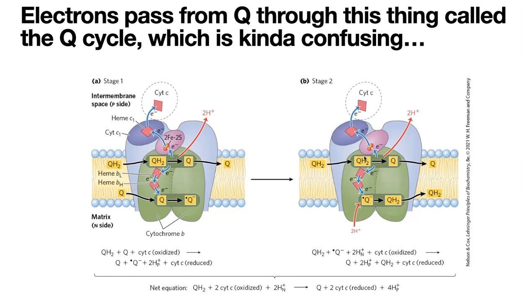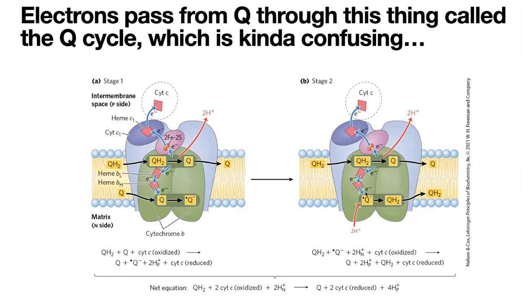The second QH2 is now going to give the other electron to cytochrome C. And so in this process, we passed off another electron to cytochrome C. And in the process of doing this, we're going to give off another 2 protons. And so we have the same cycle happening up here.